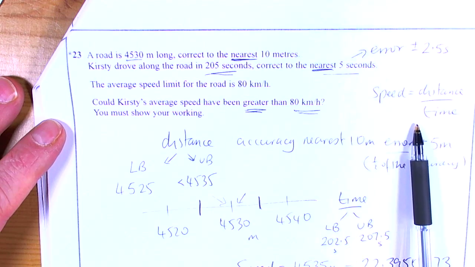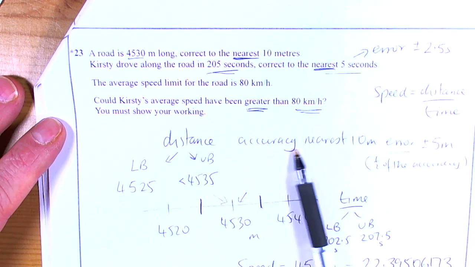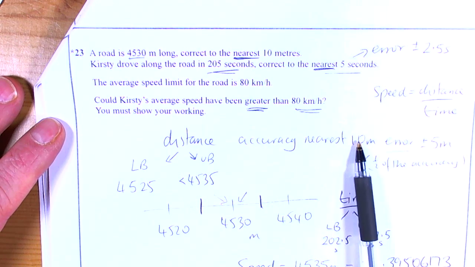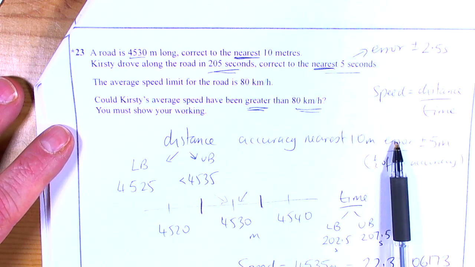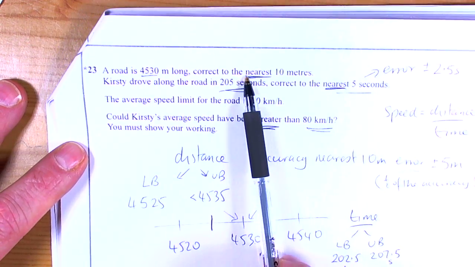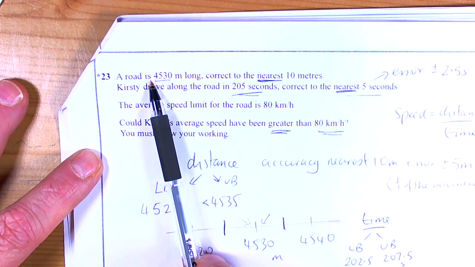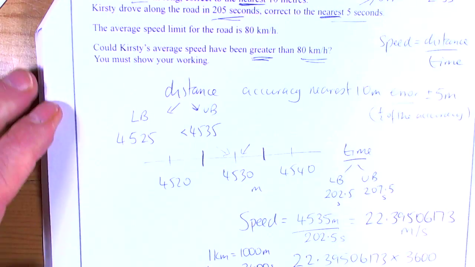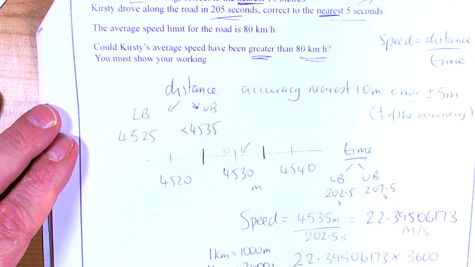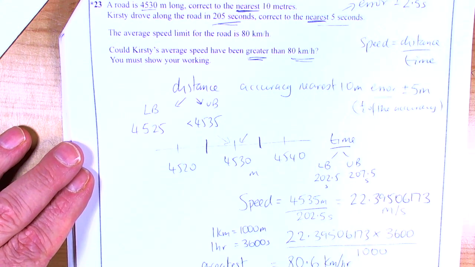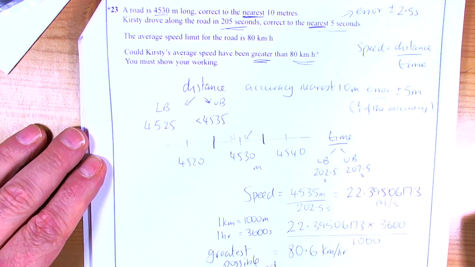That would allow us to calculate the greatest speed, and we went through using the idea that the accuracy was 10 metres for the distance, so the error is always a half of the accuracy, and so the error was plus or minus 5 metres. In other words, this measurement could have been as low as 4525 and as high as 4535. So that's how that question could have been answered, recognising it was about bounds, and then going through the calculations in the appropriate way, and that would have allowed you to get the full marks.